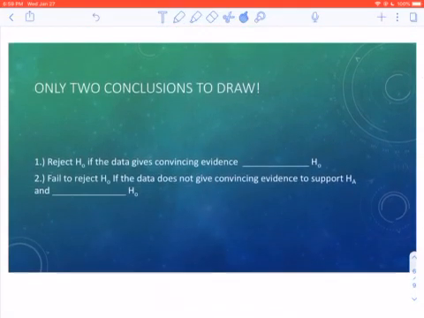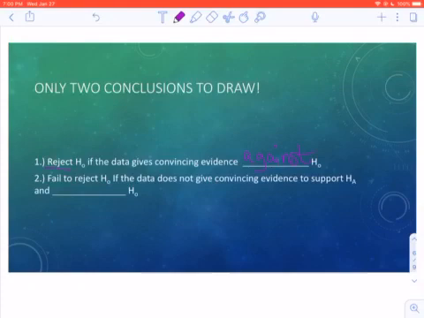When you're doing statistical analysis and significance tests, you have two choices depending on your p-value. You can either reject H naught if the data gives convincing evidence against H naught, or you can fail to reject H naught. Notice we never say that you're accepting H naught. You're just failing to reject it.